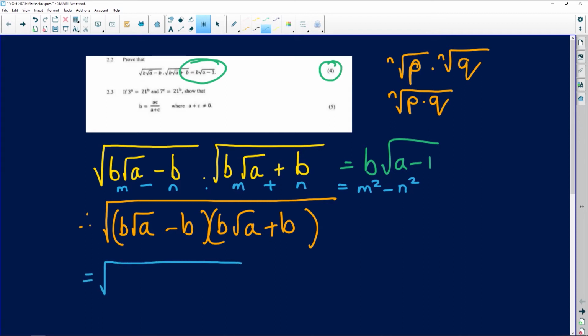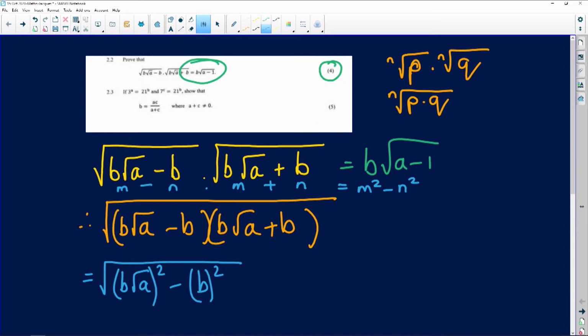It's the first term, b root a, all squared, minus the second term, all squared. The difference of 2 squares. Now, folks, remember, if you square a square root, the root disappears. Like if you cube a cube root, the root is gone. So here I'm squaring the square root.